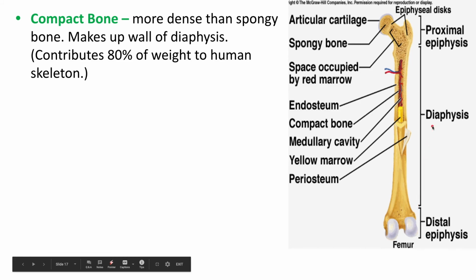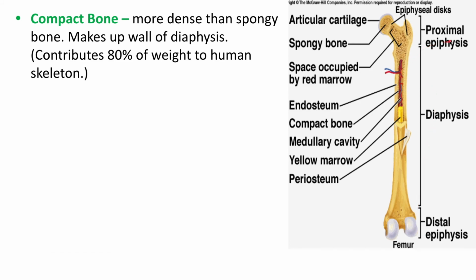So the diaphysis contains the compact bone, whereas the epiphysis contains that spongy bone, which houses that red marrow. And so this diaphysis contributes 80% of the weight to the human skeleton. So the majority of the weight of your skeleton is contributed by these diaphyses.